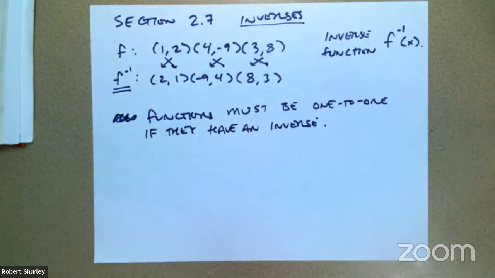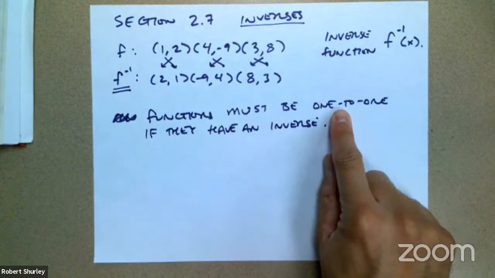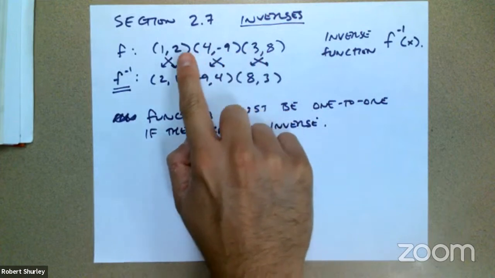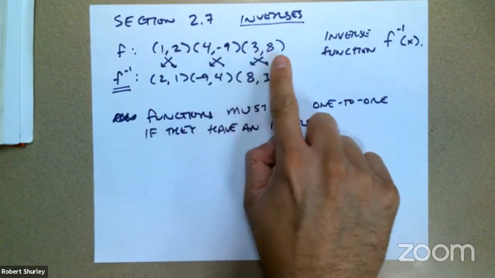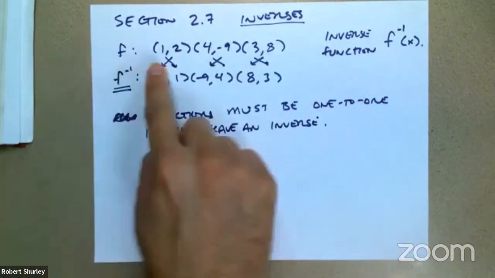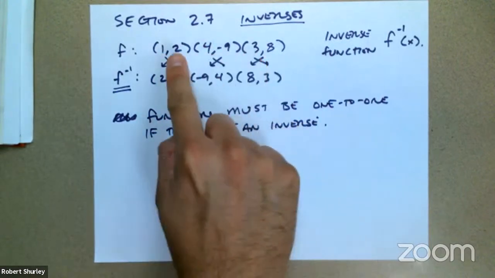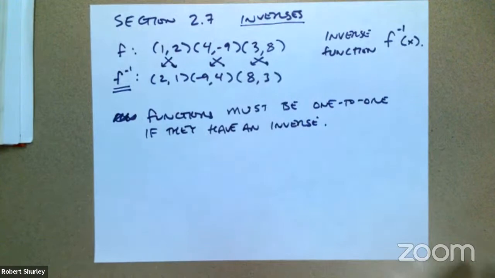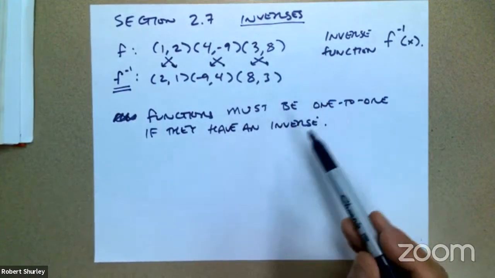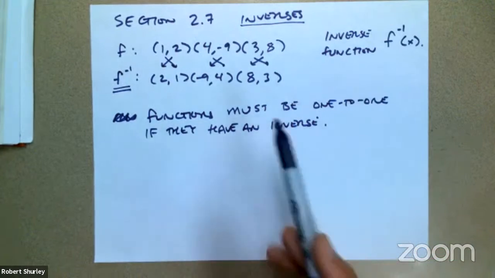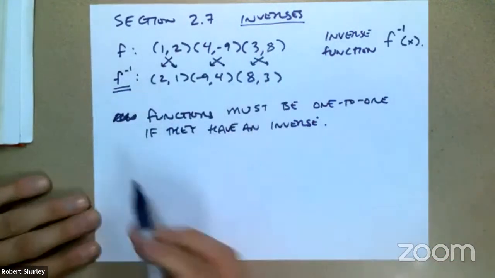Now, one-to-one means we do not have any repeating x values, and we also don't have any repeating y values. So this function f is a one-to-one function because the x's do not repeat and the y's do not repeat. We'll dig into graphs of one-to-one here in a minute, and then equations of one-to-one. But let's stick to these coordinates for now.